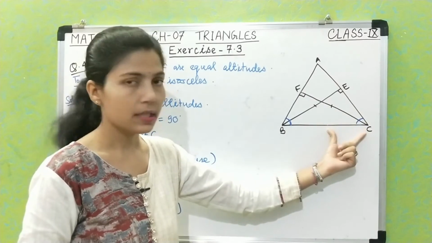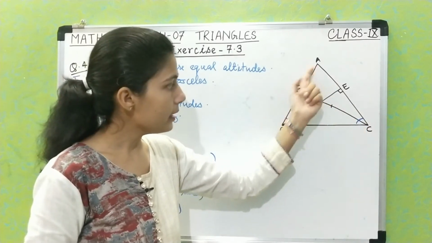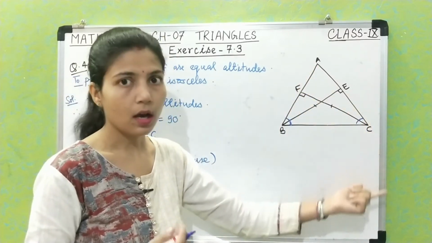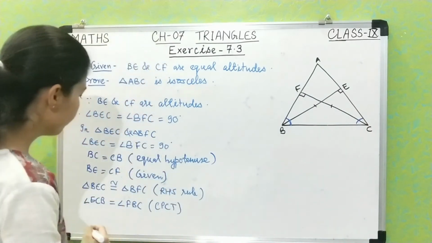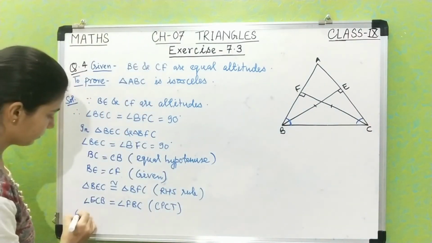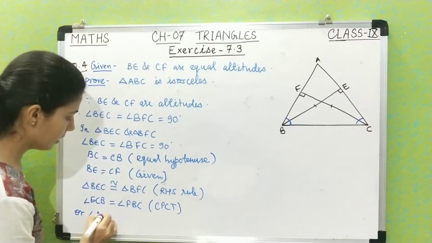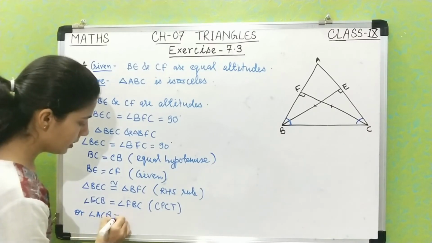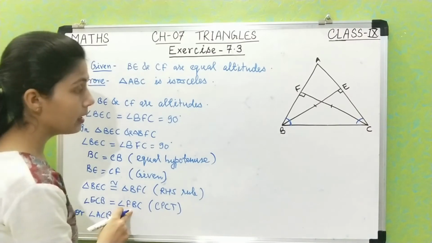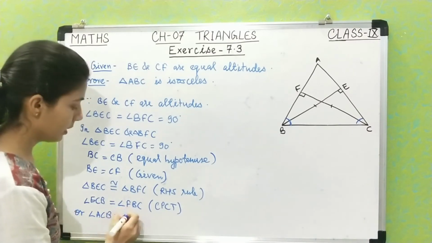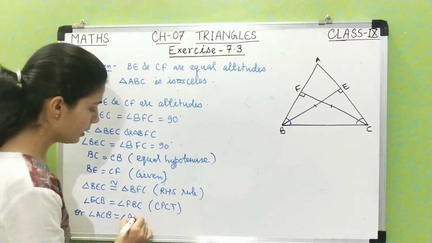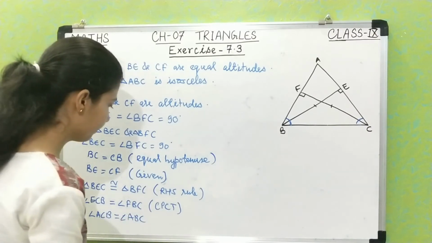Since angles B and C are equal, the sides AB and AC are also equal. Okay, so we can write angle ECB as angle ACB, equal to, and this angle FBC we can write as angle ABC.